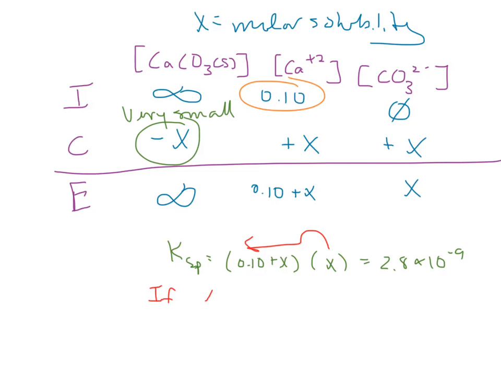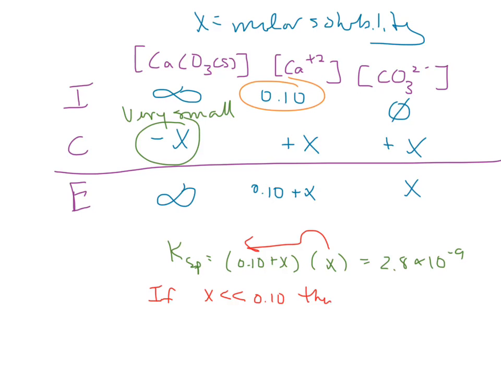If X is very small relative to, in this case, the common ion amount, 0.10. If X is very much smaller, that's a double less than 0.10. And the reason I put 0.10 is because I'm trying to simplify that quantity.